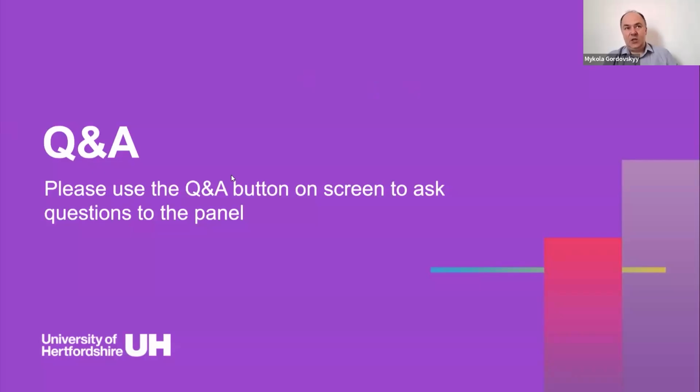Okay, this is not incorrect. So the course is partially accredited with BCS, British Computer Society. Secondly, the course is expected to be accredited within the next academic year. And third, the main focus of the course is not really computing, it's data science and applied mathematics.